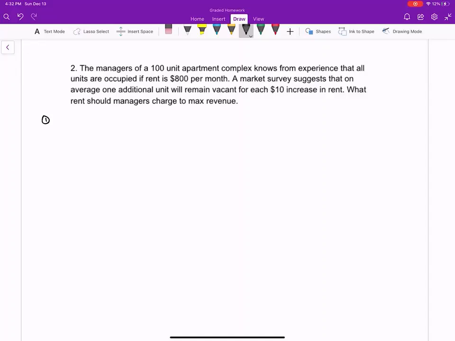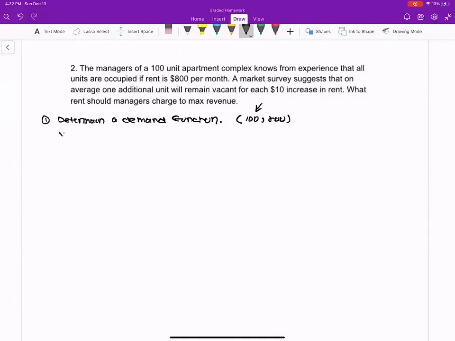So your first step is to determine a demand function. Now, in the question, they gave you a couple of hints. You know that the demand function has a point of (100, 800), since if you have 100 apartment units that are rented, each unit will give you $800 per month.